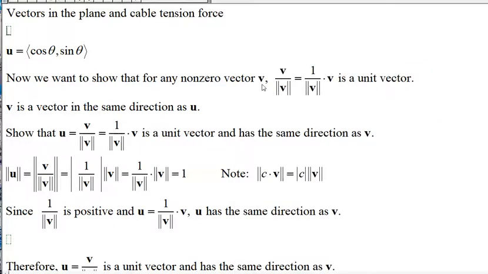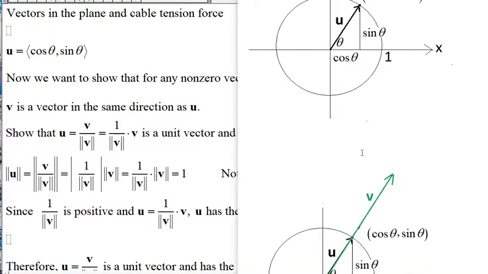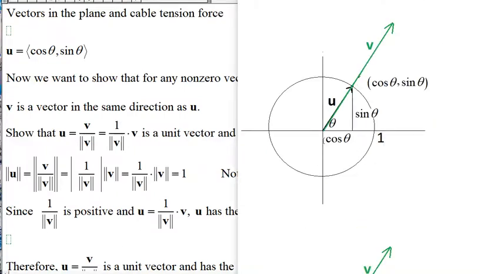And now we want to show that for any non-zero vector v, the vector v divided by the magnitude of v is also a unit vector. And so here we have the vector v.